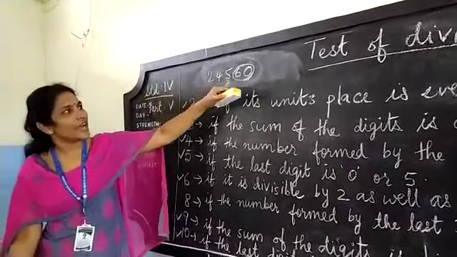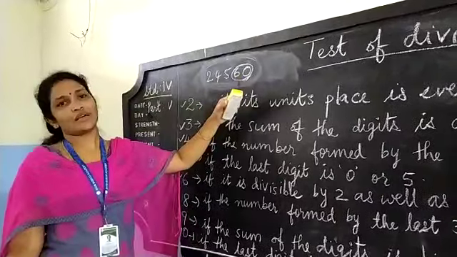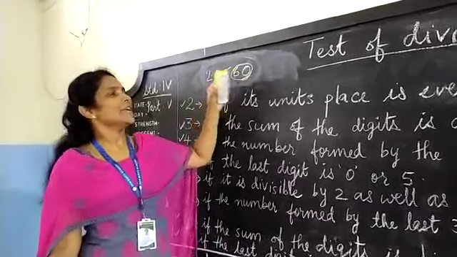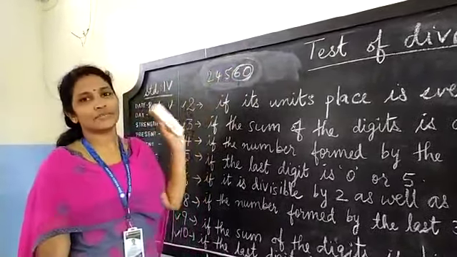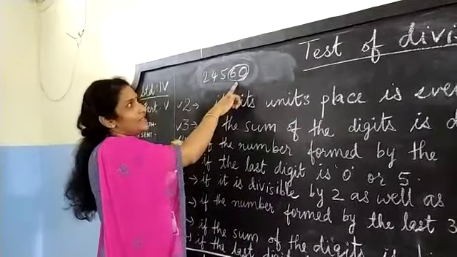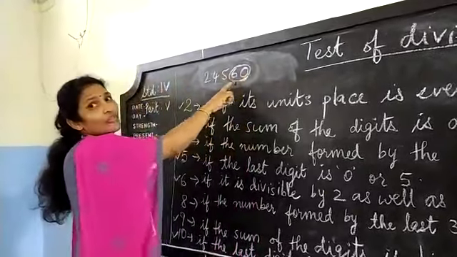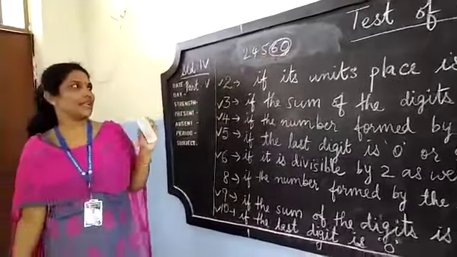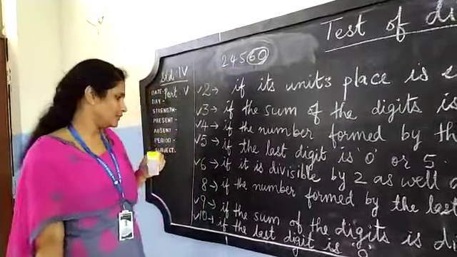You have to divide 60 by 4, and if the remainder comes 0, this whole number is divisible by 4. Is 60 divisible by 4? Yes. How many 4s are 60? 4 15s are 60. So this number is also divisible by 4.